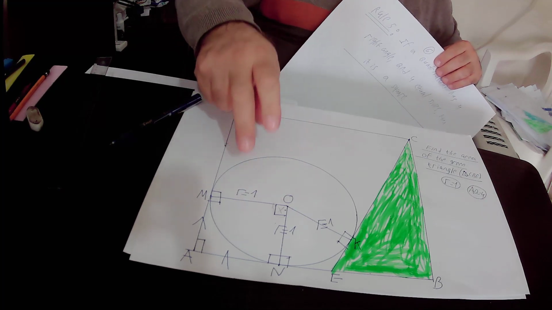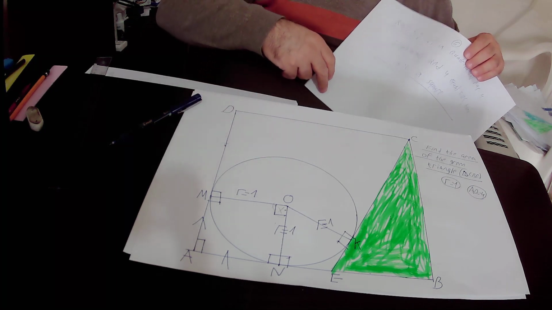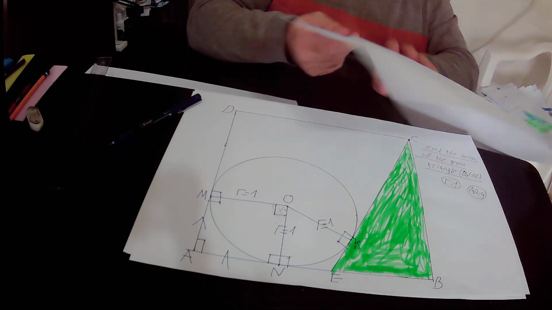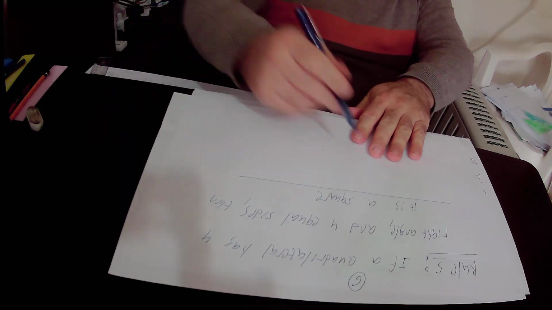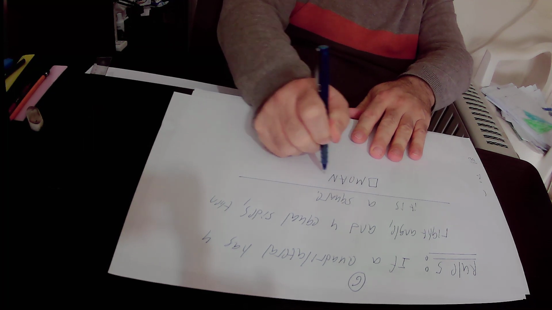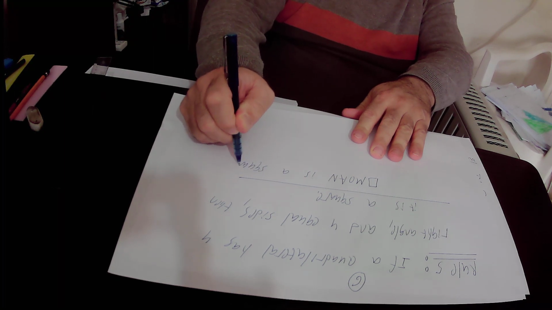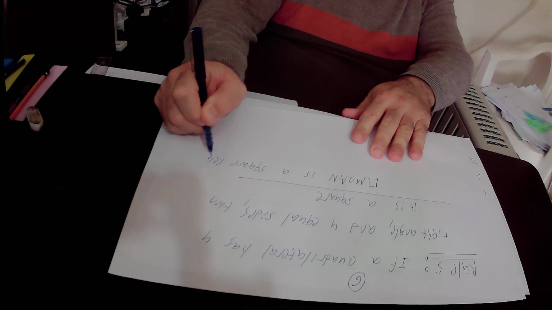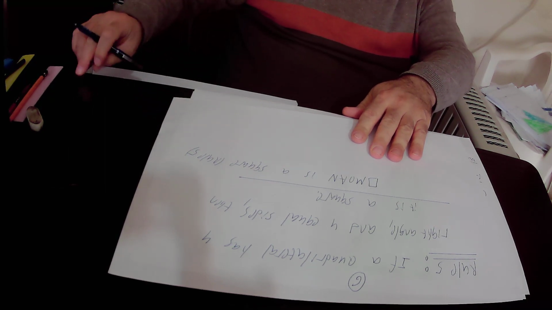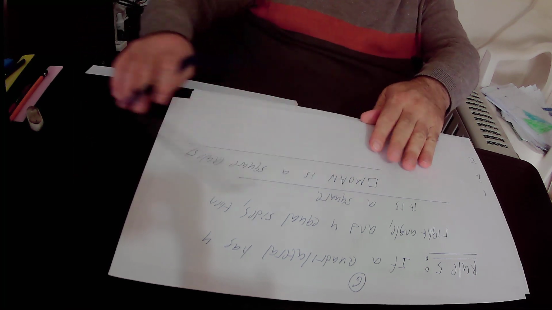Therefore, quadrilateral MOAN is a square according to rule number 5. So I will write it down. Quadrilateral MOAN is a square according to rule number 5 because it has 4 right angles and 4 equal sides.